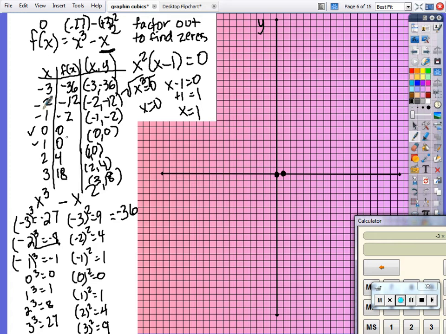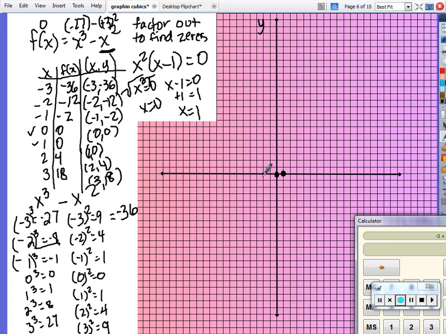So -3 and -36 we can't do. It's too far off our graph. But -2, 2, 4, 6, 8, 10, 12. -1, -2, 0, 0, 1, 1. And that's going to come up a little bit like that because it's coming up, because it's a positive a on your x cubed.